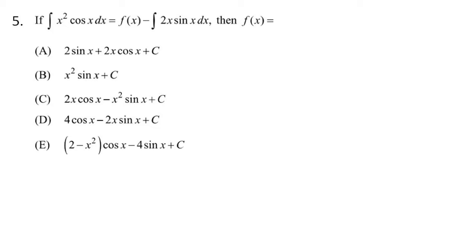And if we try to do that, then we're going to have to add that whole integral over to the other side. So I'm going to have f of x equals, and if we move this over, the integral of x squared cosine x dx plus the integral of 2x sine x dx.